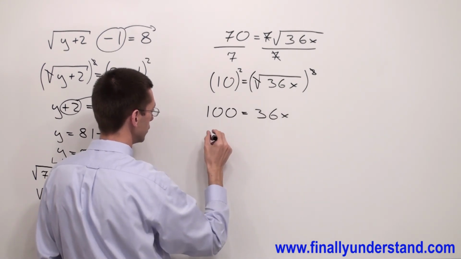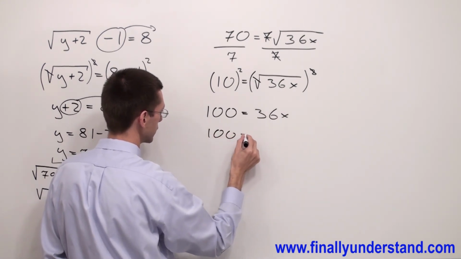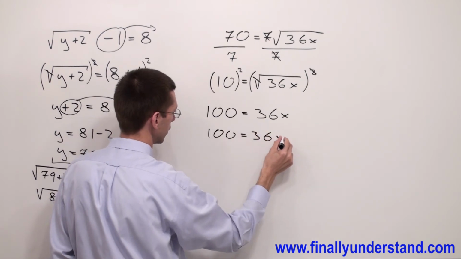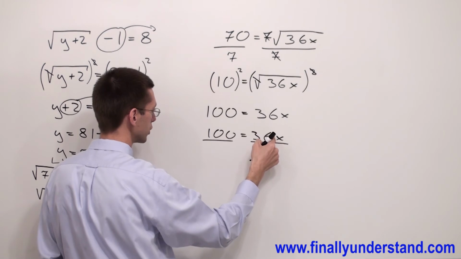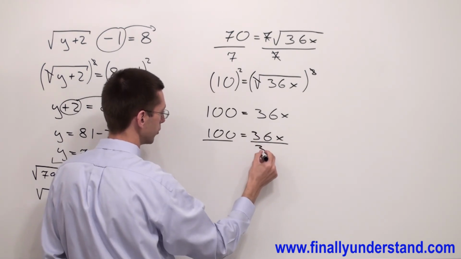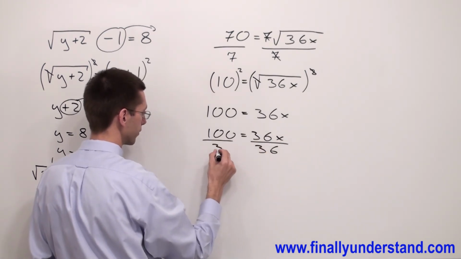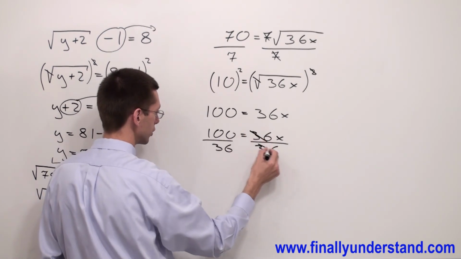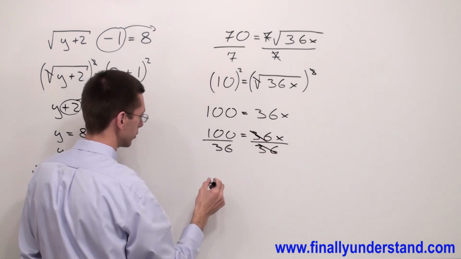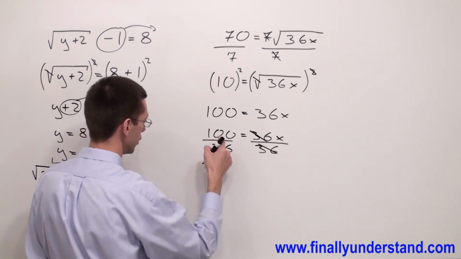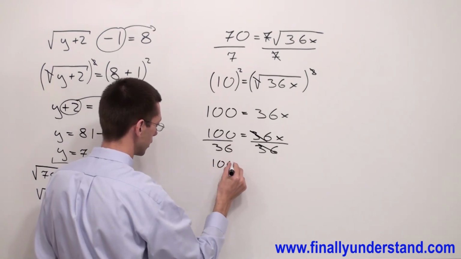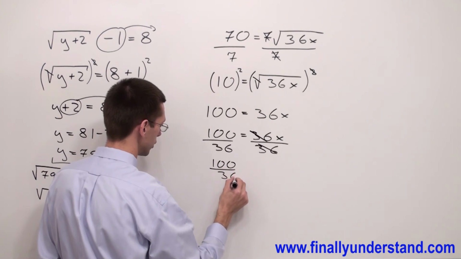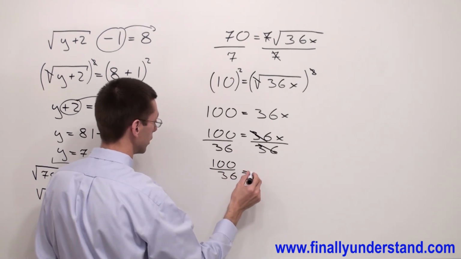So what I'm going to do, we do everything step by step. I'm going to divide both sides of the equation by the number which is multiplied by x, divided by 36. 36 and 36 will cancel out, and I'm going to have 100 over 36 is equal to x.